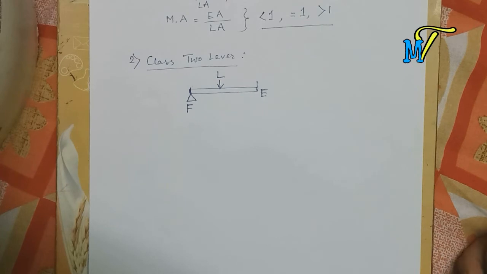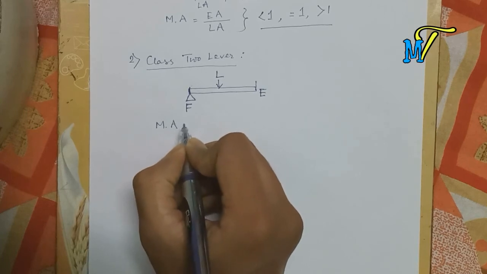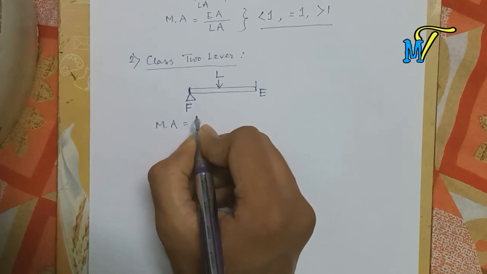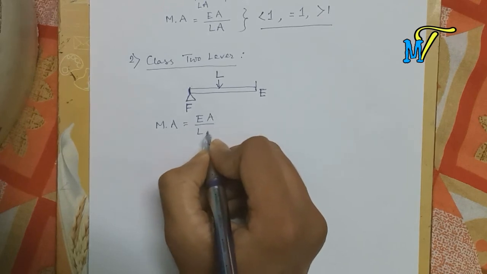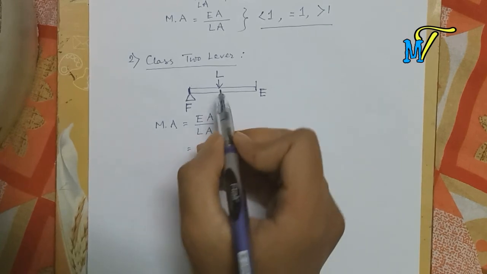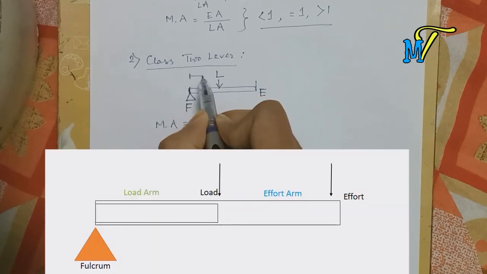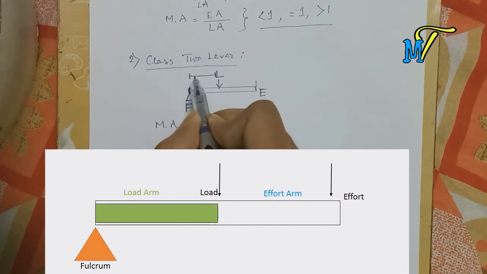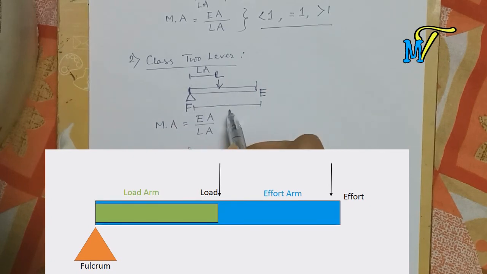So now comes the mechanical advantage of this class 2 lever. Again, mechanical advantage of a lever is effort arm by load arm. Now as I have previously told, from the load to the fulcrum it is the load arm, and from the fulcrum to the effort it is the effort arm.